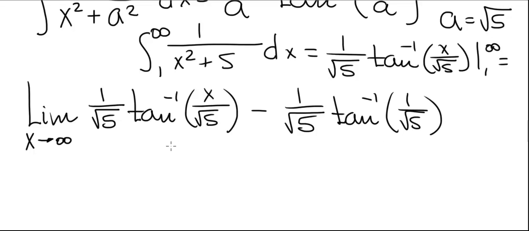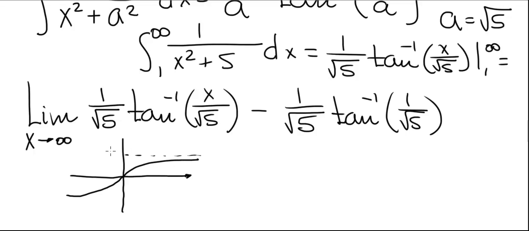Well, let's look at this limit. As x goes to infinity, so does x over square root of 5. And all we have to do is look at the graph of inverse tangent of x. It looks like this, with this horizontal line being at the pi over 4 level.